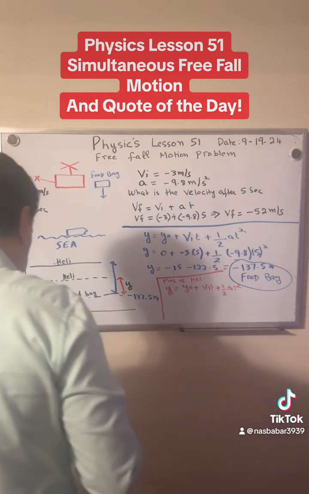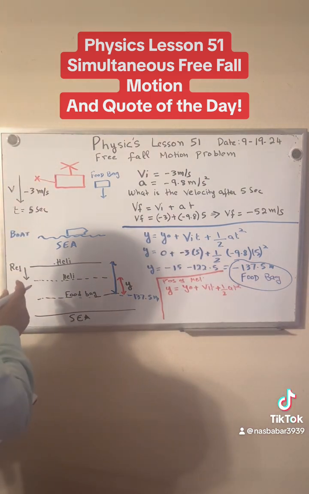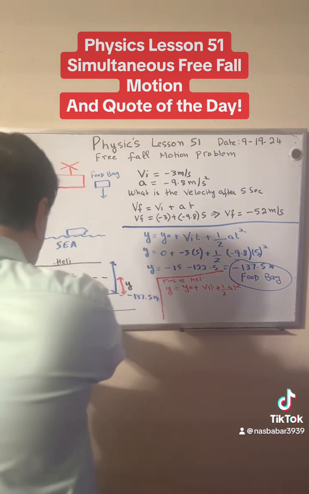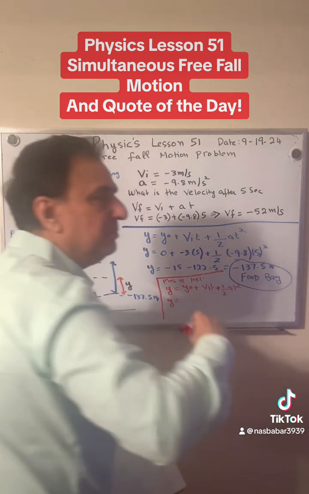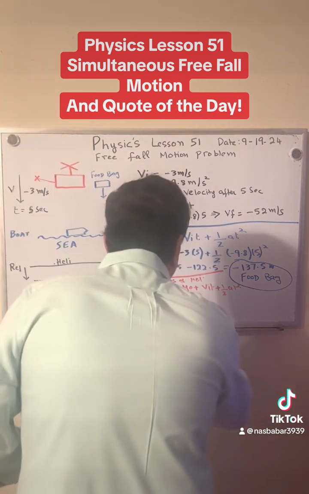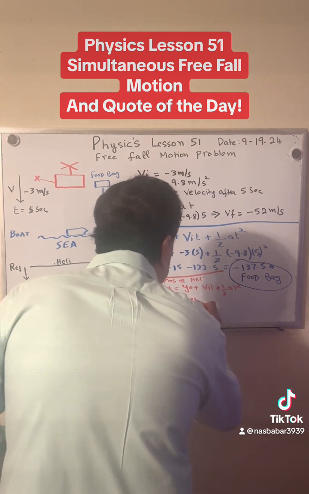Now let me ask you this. In this particular case, we have to find the distance between the reference point and where heli is right now. So what is the initial position when the helicopter was stationary? It was not moving. 0 is equal to 0 times t.